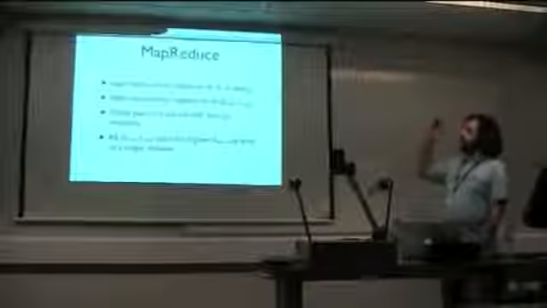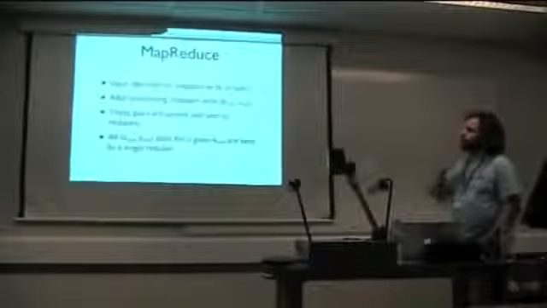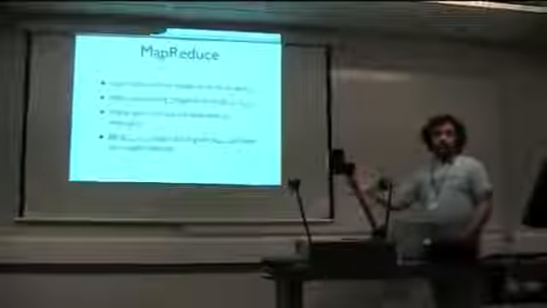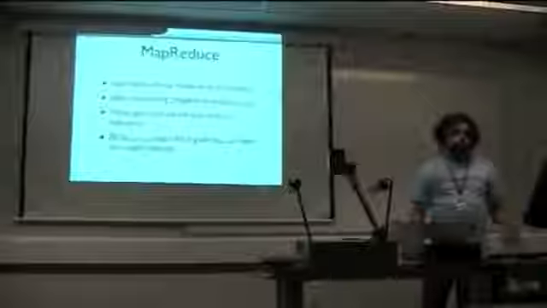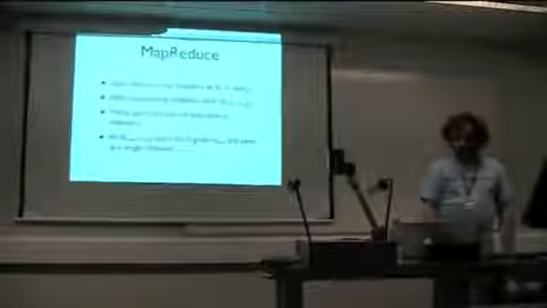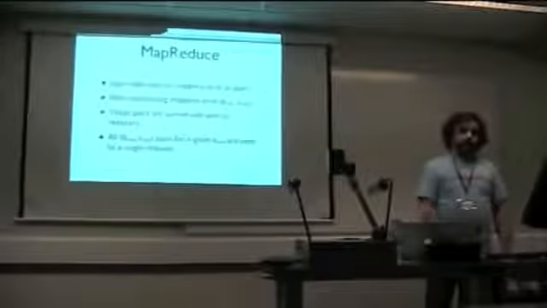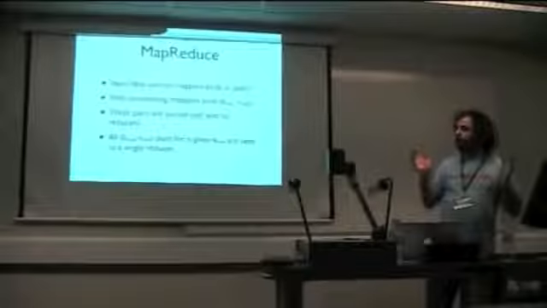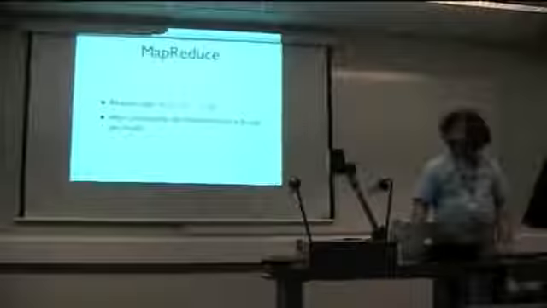Mappers get the input as key value pairs. They emit key value pairs as their output. These are then sorted by the framework and sent across the cluster to the reducers. As I said before, the sorting guarantees that a single key is sent to a single reducer, and all the values for that key are sent to that reducer.